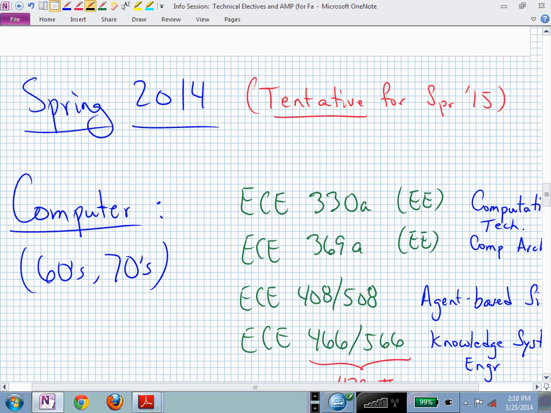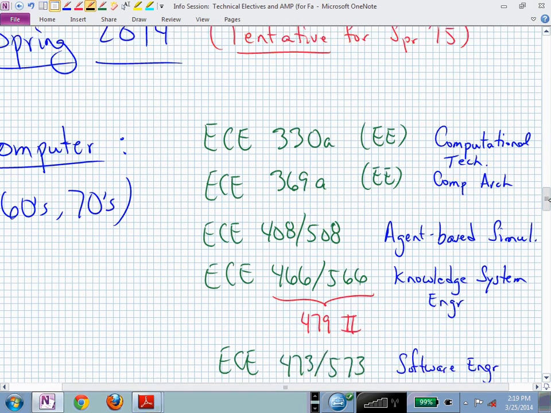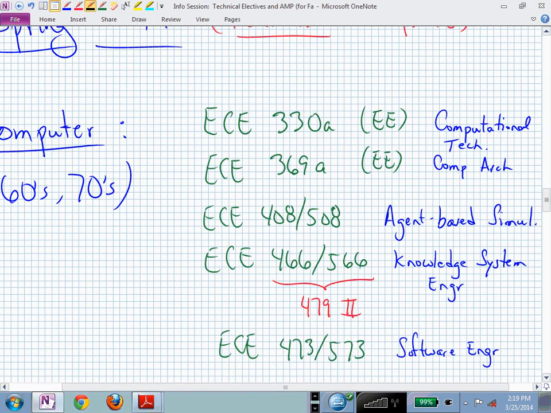So if you're interested in what's going to be available next spring, then you might think about what's being taught now during this semester. In the computer engineering area, and this may change in another semester, ECE 330A is going to eventually be required of both options, I believe.